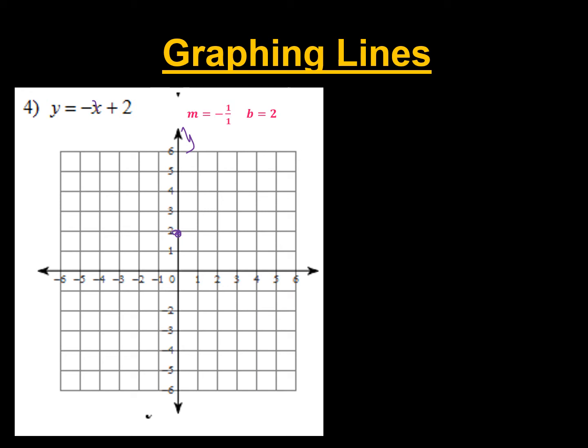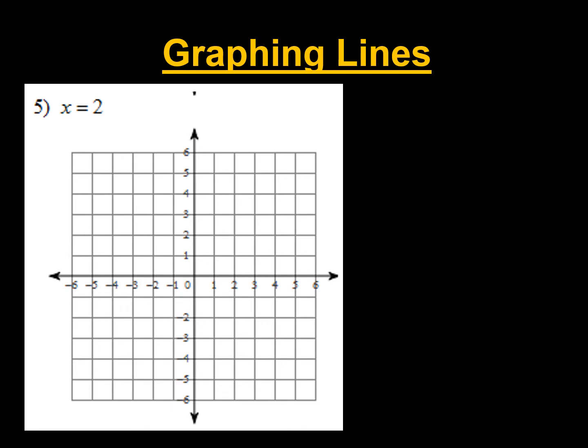Okay, and then my rise is -1, so I'm going to go down 1, and my run is +1, so I'm going to go to the right 1. So there, if I mark those, okay, there is the slope. So -1, and then my y-intercept was 2. So there is the line of that equation.